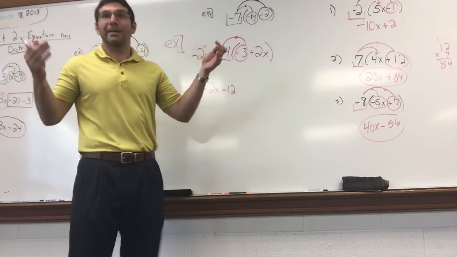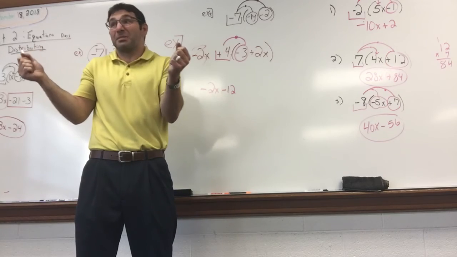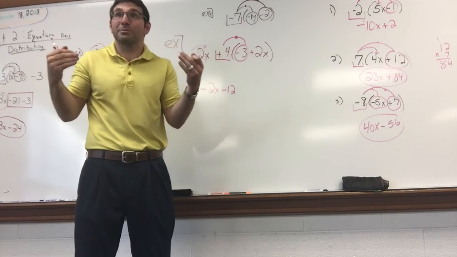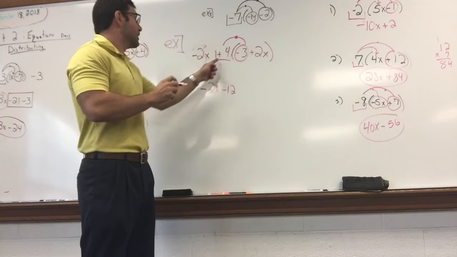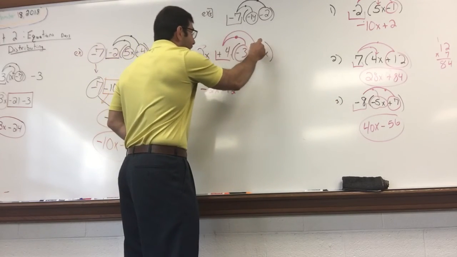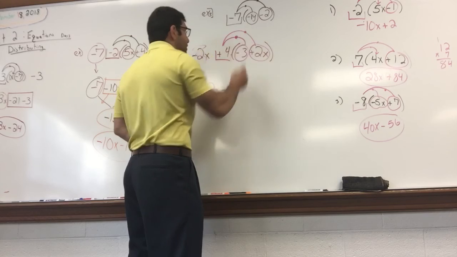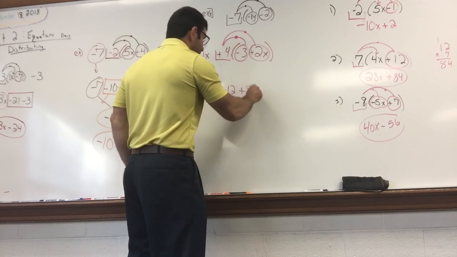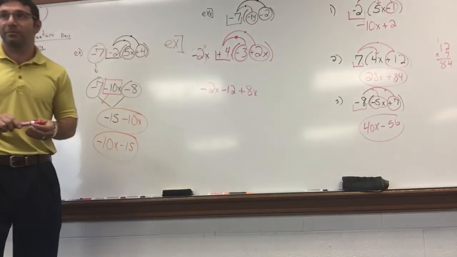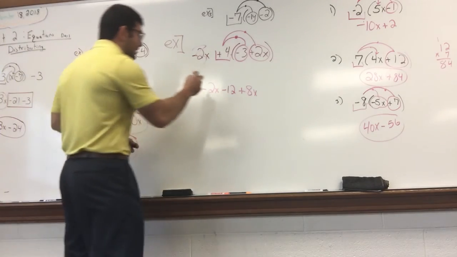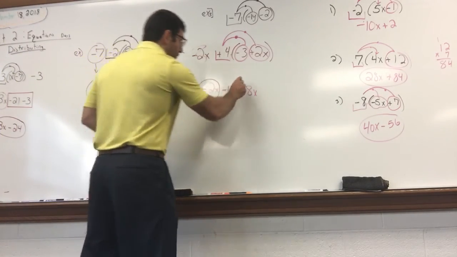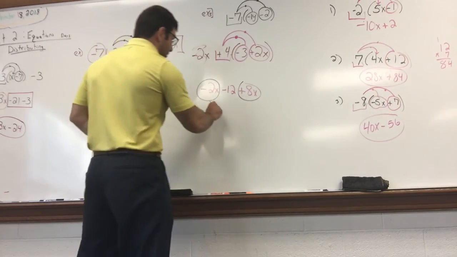Listen, you saw what I did with the homework. I can do this in my head, but I don't. I want to see exactly what we're doing. Then 4 times a positive 2x is positive 8x. Everybody still with me? From there, I've got negative 2x plus 8x.